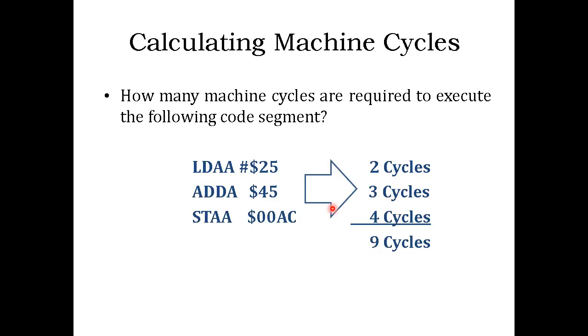So for MUL, your cycle is 10, right? Now think about this. These 3 lines in total are taking 9 cycles. But MUL itself, just one instruction, is taking 10 cycles. That means MUL itself will run slower than these 3 lines, because that is taking more cycles. If it takes more cycles, then it will be slower. You see what I'm saying?